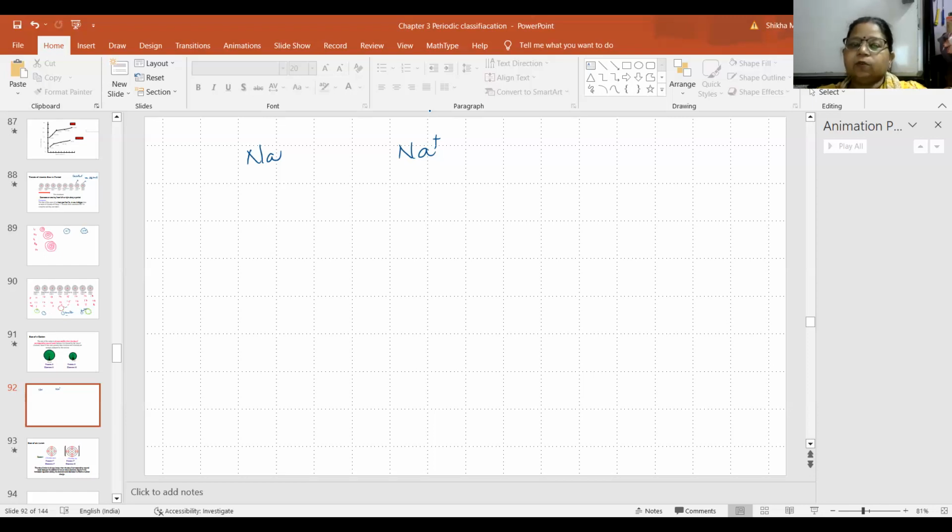This again, we have to compare in terms of proton and electron. Sodium has 11 protons and 11 electrons. It has lost one electron, then it has become sodium cation. There's 11 protons, but only 10 electrons. So which should be smaller in size?